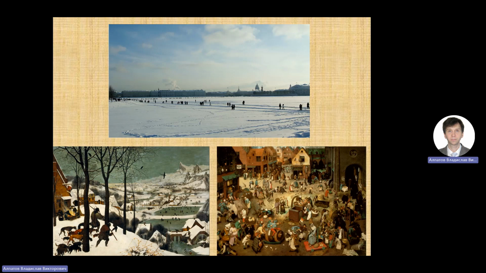Here at the bottom, you can see pictures by Bruegel with small figures of people somewhere in the distance and the confusion. And you see why the author made an allusion to Bruegel, because in a way this resembles Bruegelian pictures.